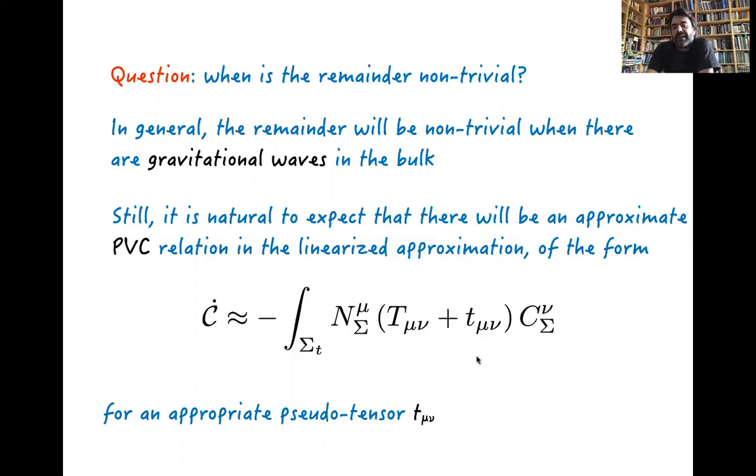If you work with some background metric and you see the gravity waves as spin-2 fields that are just propagating there, there should be some linearized gravity approximation to this equation that involves adding the T mu nu of matter and the pseudo tensor for gravity waves, Landau-Lifshitz or whatever your choice, right? There should be such a formula. We are working on trying to understand how this formula would come about, okay? But it will be approximate, right?